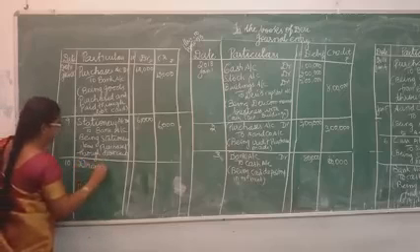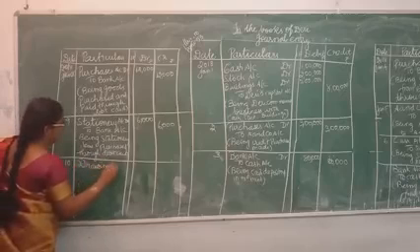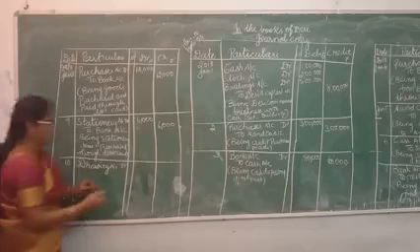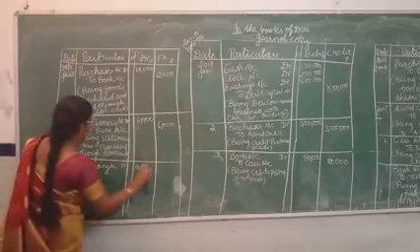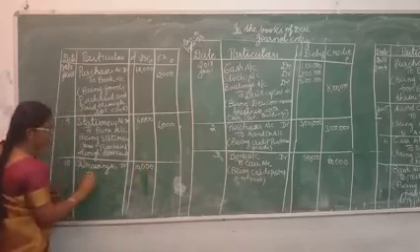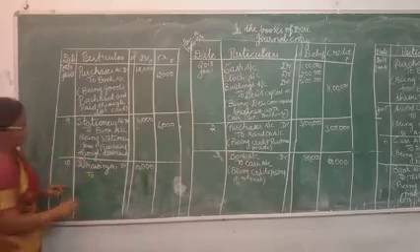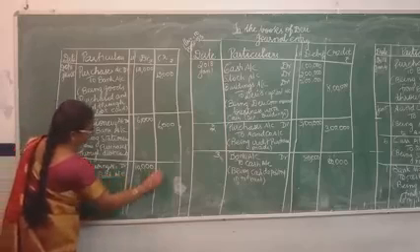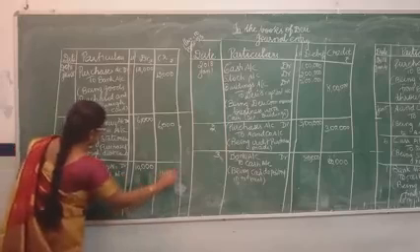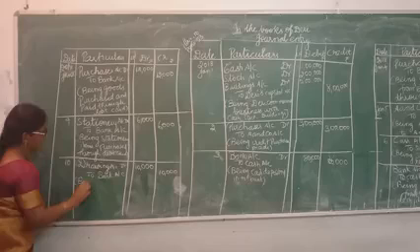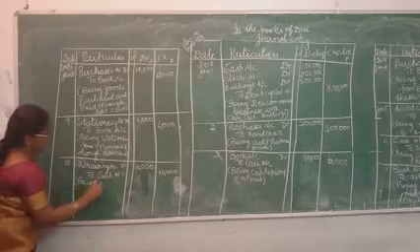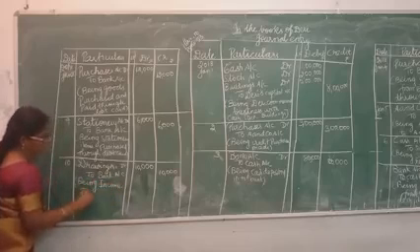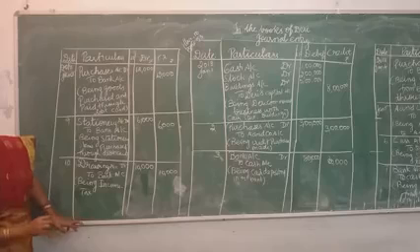Drawings account debit 10,000 to bank account. Being income tax paid through bank.